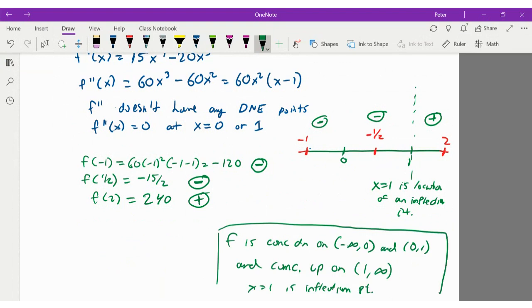So that's the answer. Okay. Oh, sorry. Yes, that. Thank you, Maria. These should have been f double prime.